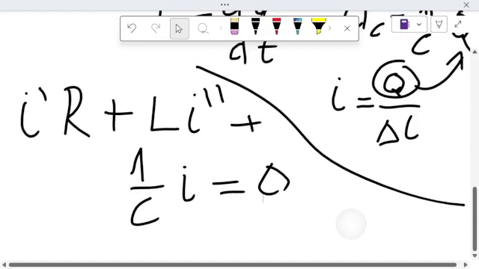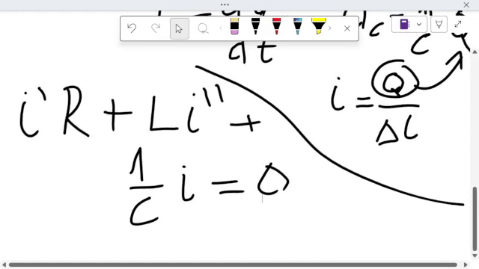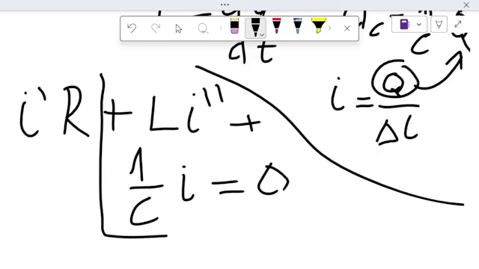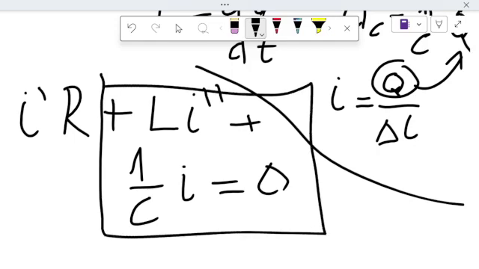But for simplicity, I will take the first part, or maybe the second is better, because many times we have something like this.